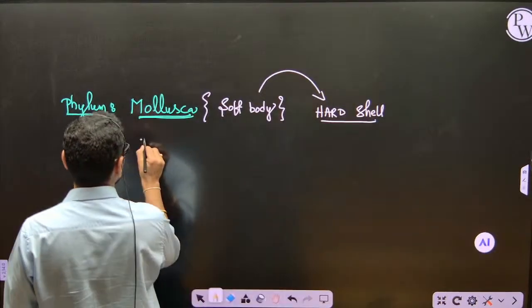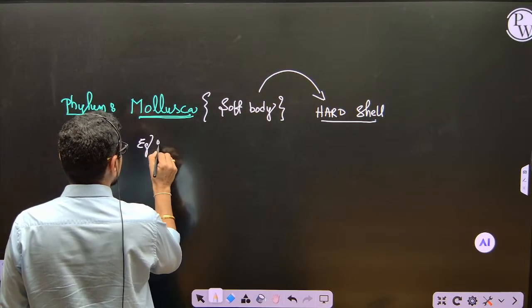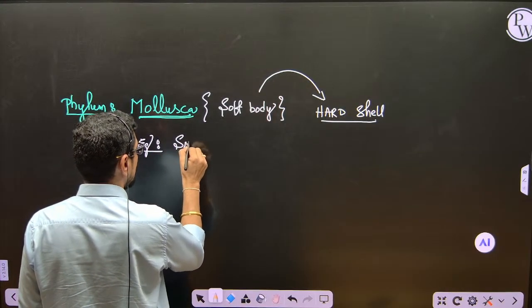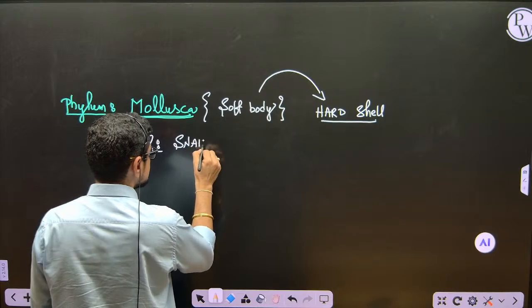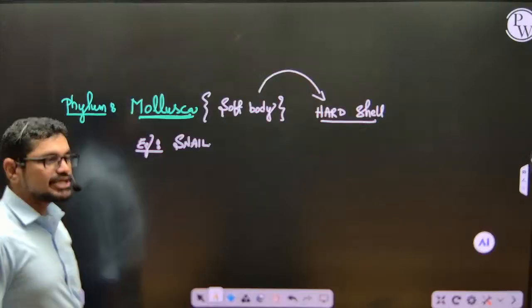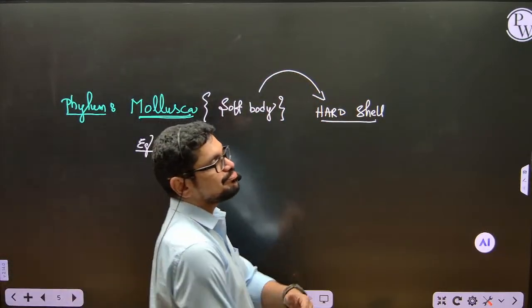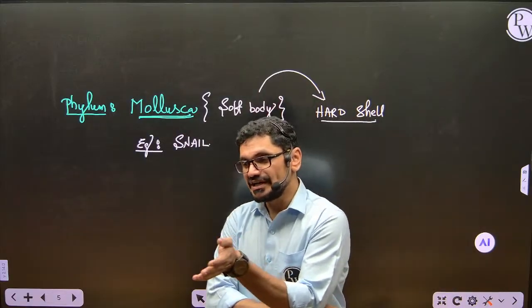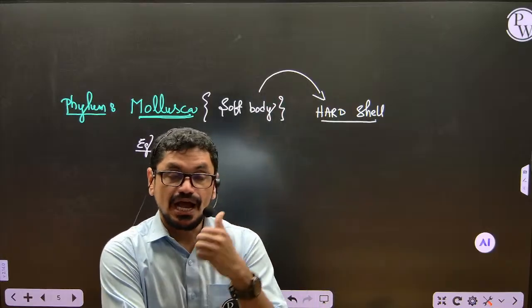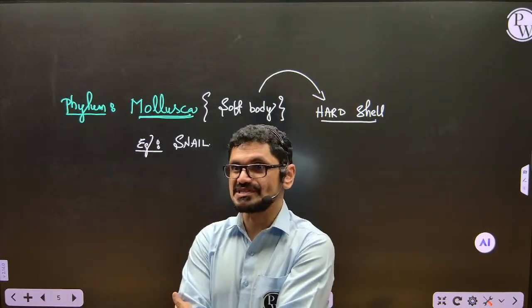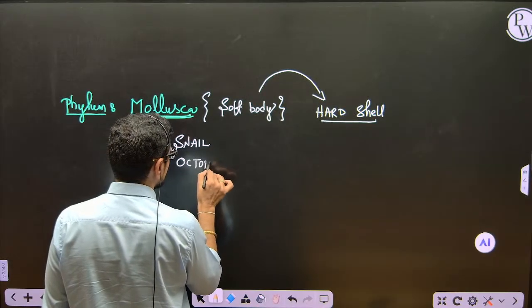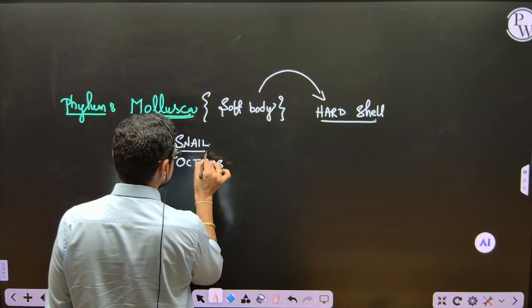Best example, snail. And I think devilfish, jellyfish, right? Jellyfish is different. Jellyfish is a cnidarian, and here devilfish, octopus is there. I think most of you have some idea of octopus. And snail also.